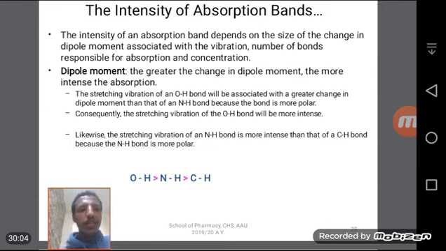Consequently, the stretching vibration of OH bonds will be more intense. Likewise, the stretching vibration of the nitrogen-hydrogen bond is more intense than that of the carbon-hydrogen bond because the nitrogen-hydrogen bond is more polar, since nitrogen is more electronegative than carbon.